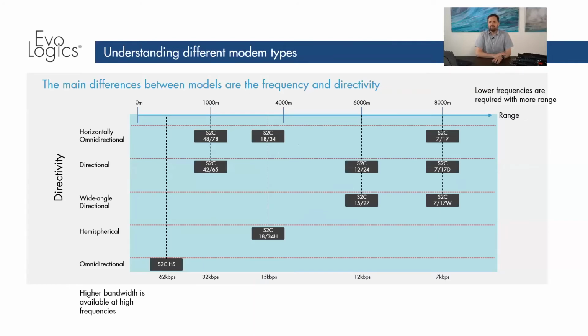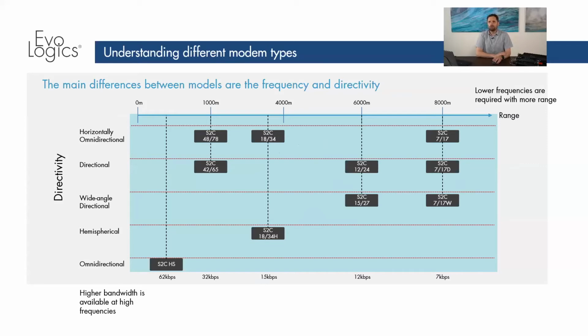And this is because we have, and other manufacturers also have, devices that are using different frequencies. Higher frequencies allow you to transmit more data, but then the range is lower. So you need lower frequencies to achieve a longer range.